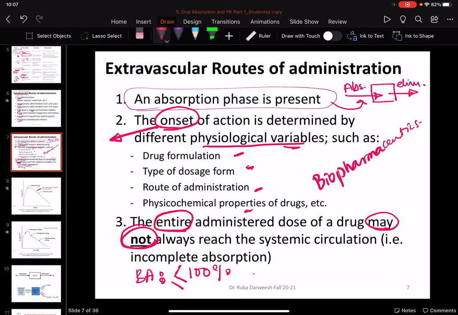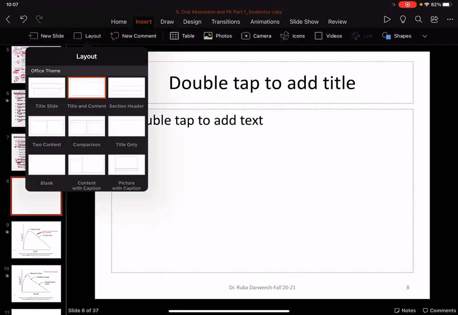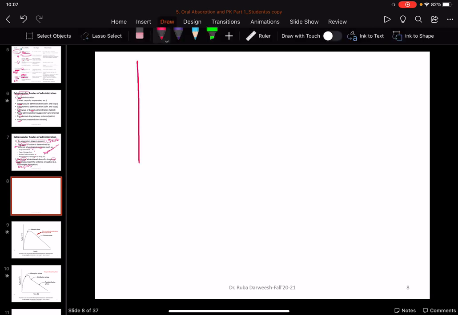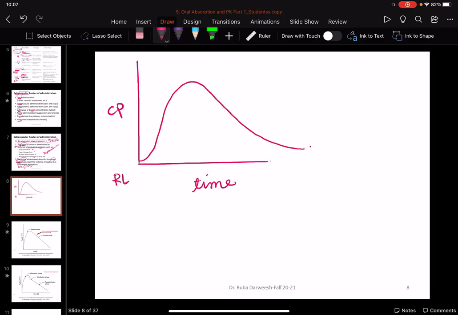And let me draw it from scratch here. If we are talking about, again, concentration in the plasma versus time in extravascular route of administration, this is our profile. It will be something similar to this.